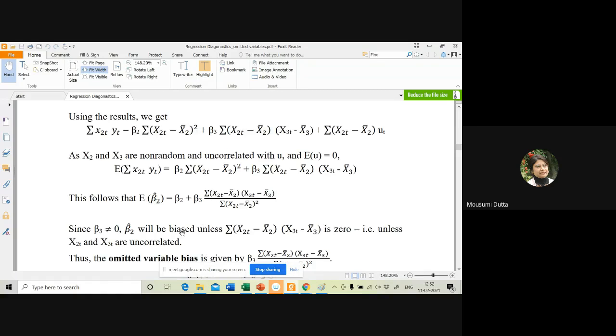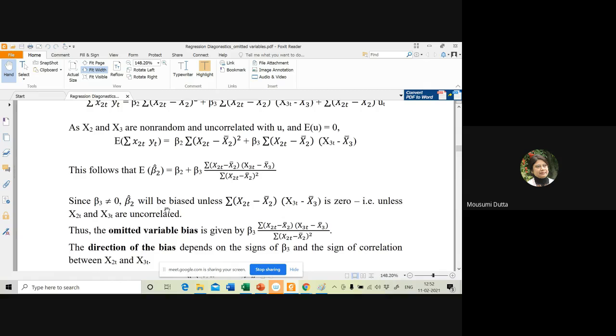Since beta 3 is not equal to 0, beta 2 hat will be biased unless the multiplication of these two is 0, that is, unless x2t and x3t are uncorrelated. Now the numerator will be 0 if x2t and x3t are uncorrelated. Okay. So unless x2t and x3t are unrelated, beta 2 hat is no longer an unbiased estimator of beta 2.